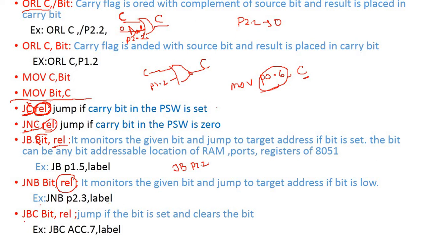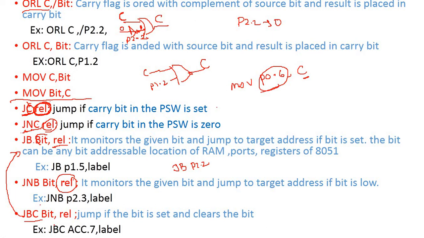Okay. So here JBC. There is a difference between this JBC and JB. In JB, it will just check whether the bit is set or not. But what it does here is it will check whether the bit is set, and if the bit is set and we go to the relative address, it will clear that particular bit. That is, jump if the bit is set and also clear the bit.